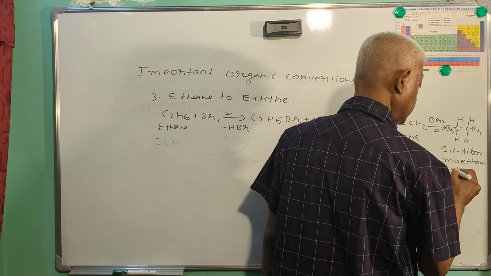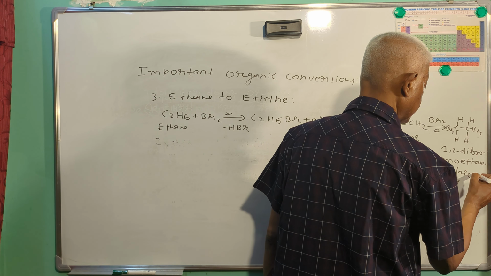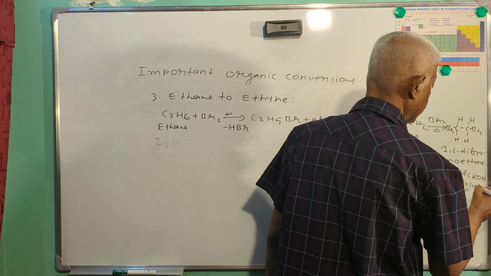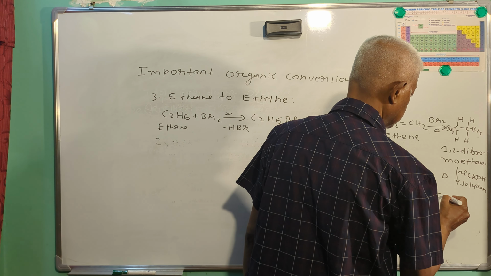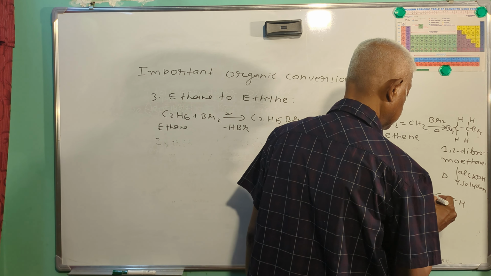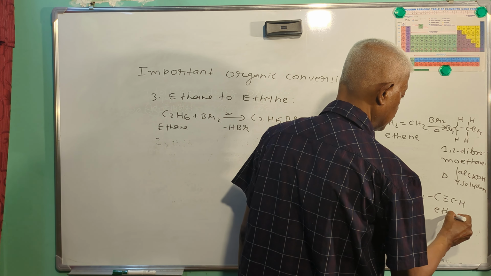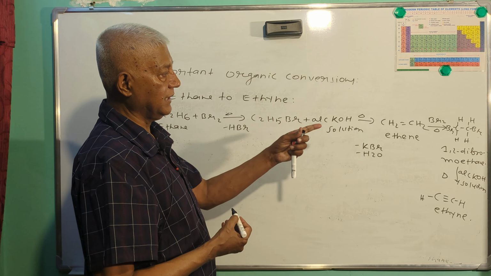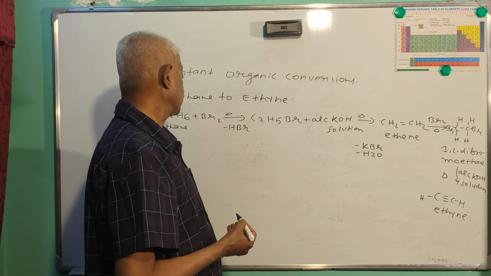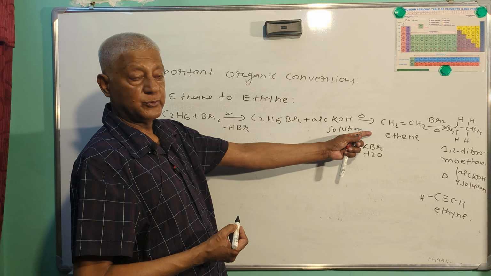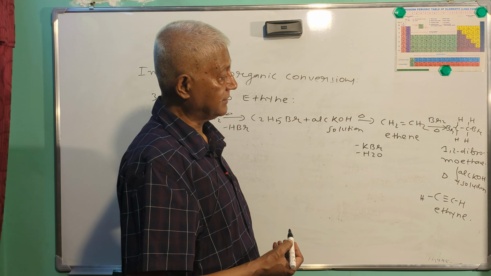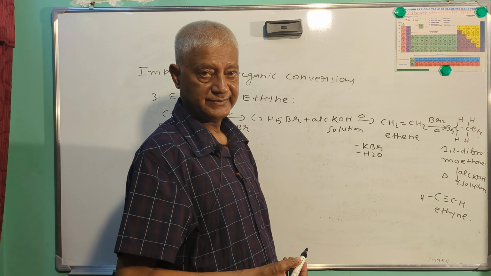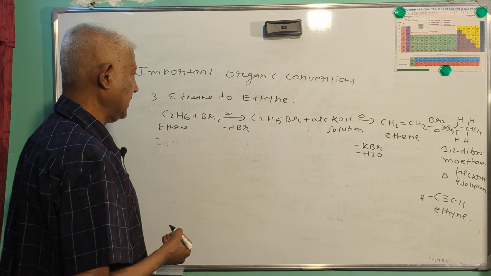Now that is further treated with alcoholic KOH solution and heated, and we get C triple bond C with H, that is known as ethyne. Sometimes you are asked to write the conversion from ethane to ethene, then we go up to there; for ethane to ethyne, we have to go up to here.